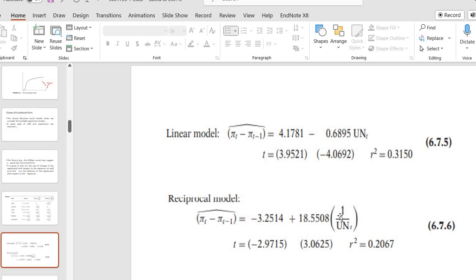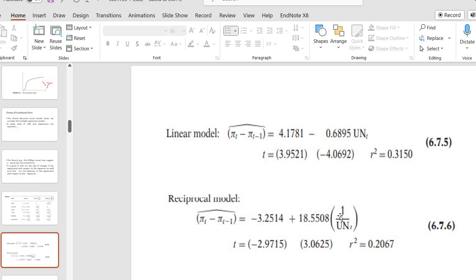And if you look at the sign of the beta 2 coefficient, which is positive 18 points, what does it say? If unemployment goes up, 1 by UN goes down, so inflation will go up. So the positive sign is true here because it satisfies the theory, just like the above equation where unemployment and inflation are negatively related.